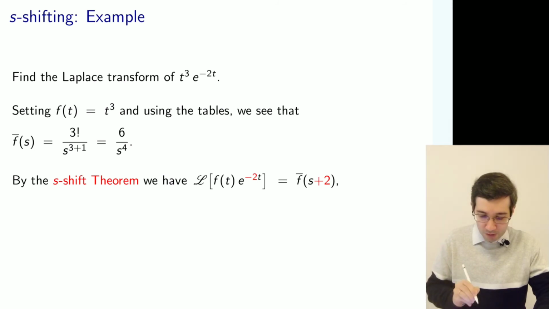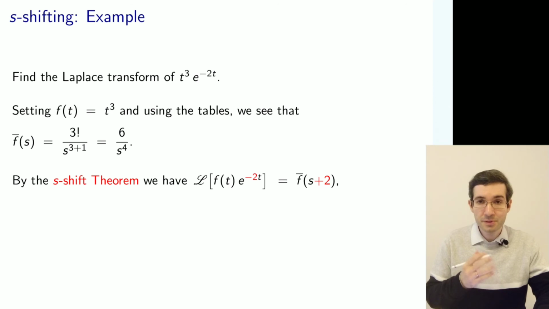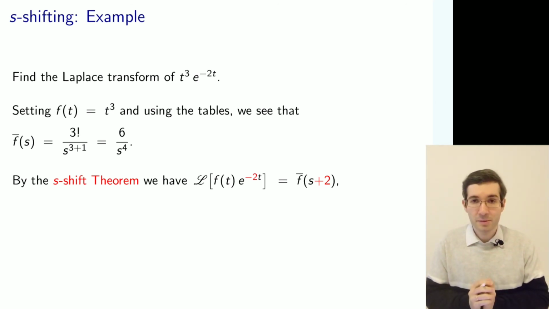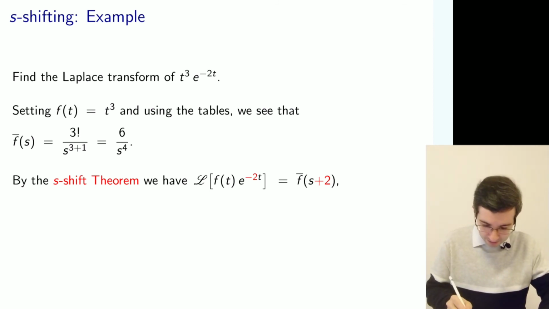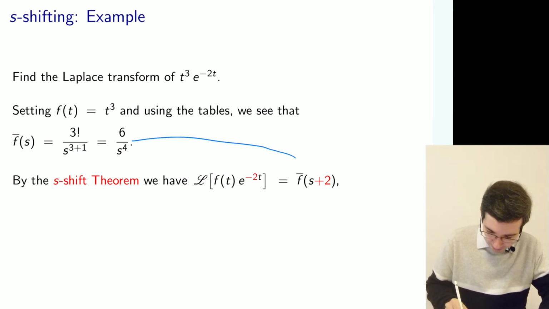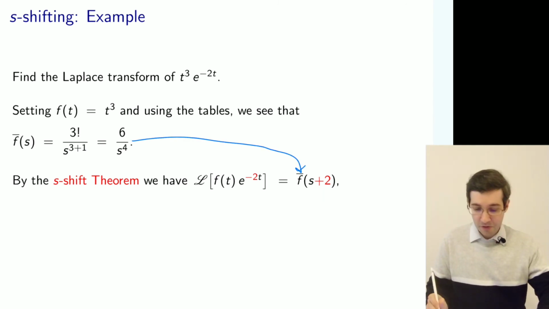And then we use the S-shift to combine this table expression with the Laplace transform factorized with the exponential. So plugging in that into here, we will be able to solve this example.